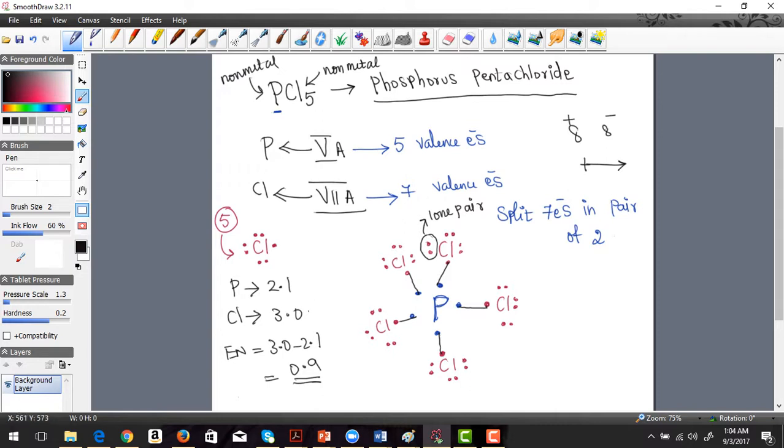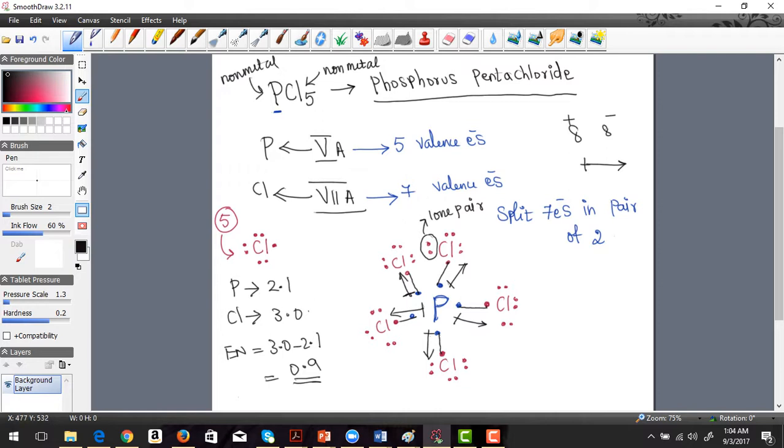For the convenience of it right now, I'm just going to use, so chlorine is more electronegative, so that gets the tail, and then chlorine, again in all these cases the chlorine gets the head and the phosphorus gets the tail. So this is how you complete the bonding process.